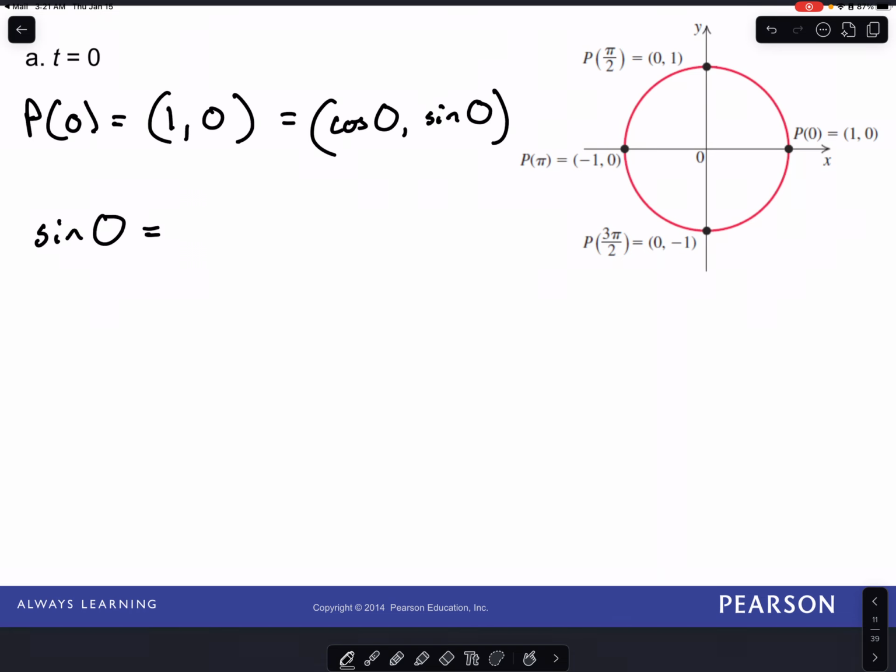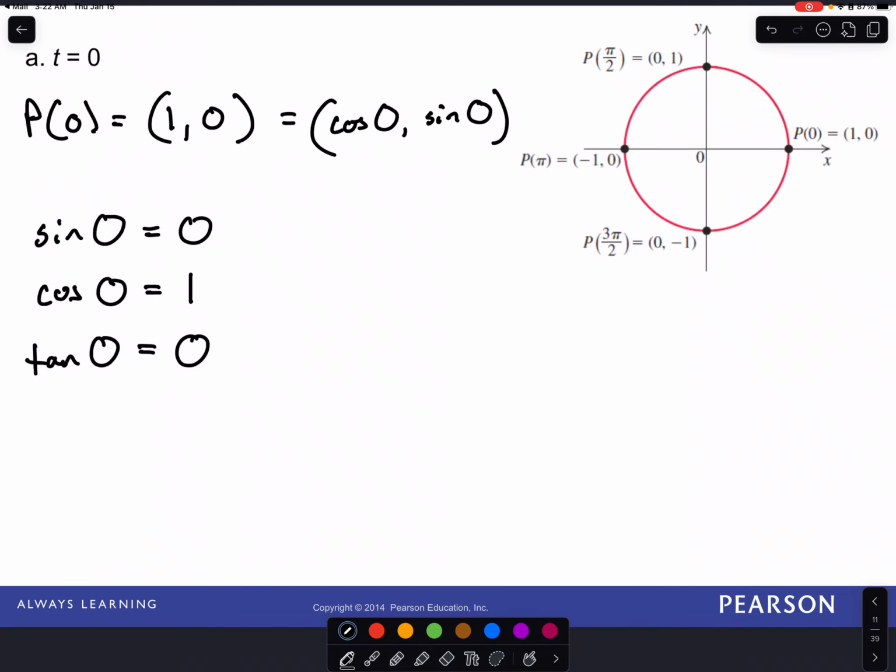Match up the corresponding spaces. The cosine of 0 in this instance is going to be 1. Now that we have sine and cosine, tan is sine over cosine. So the tan of 0 is 0 over 1, which is going to be 0.